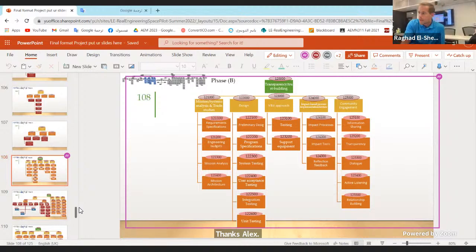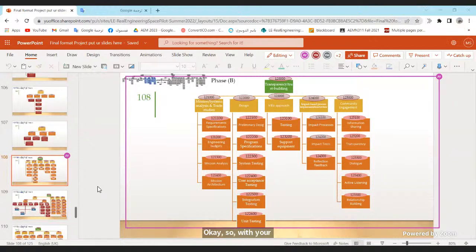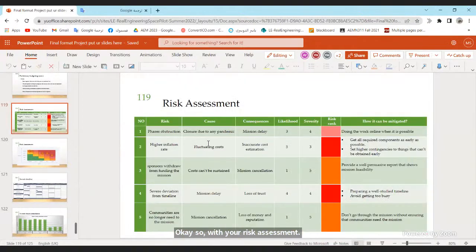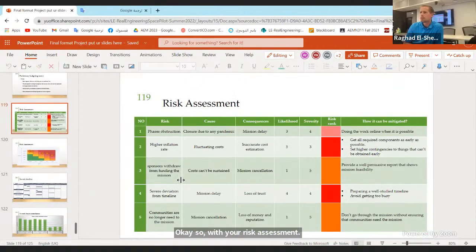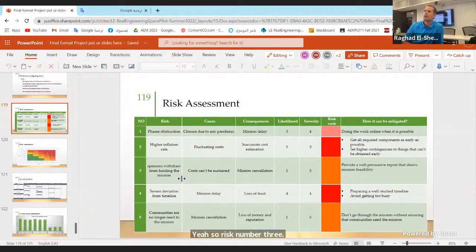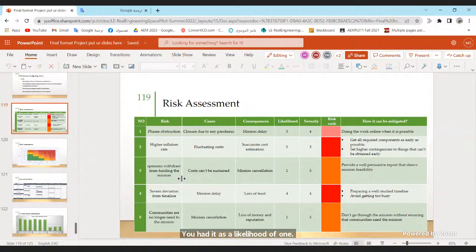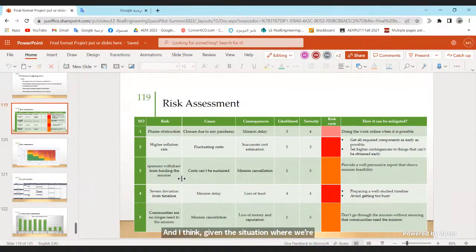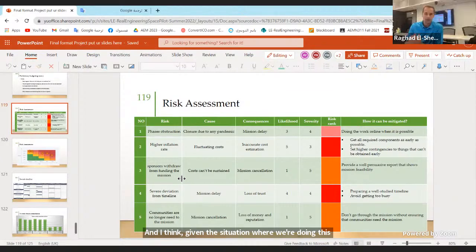Okay, so with your risk assessment, maybe this is just a comment. Your risk of the sponsors withdrawing funds, risk number 3, you had it as a likelihood of 1. And I think, given the situation where we're doing this pilot program with the group in Egypt not being here in Canada, maybe as a casualty of sponsorship, likelihood could be higher than that.